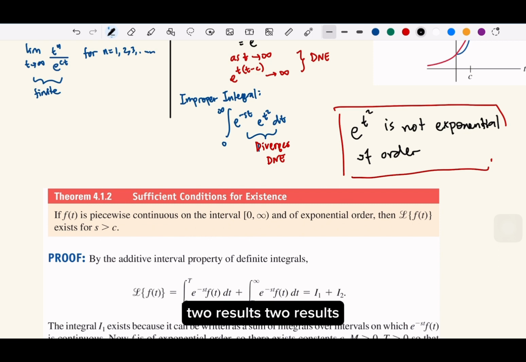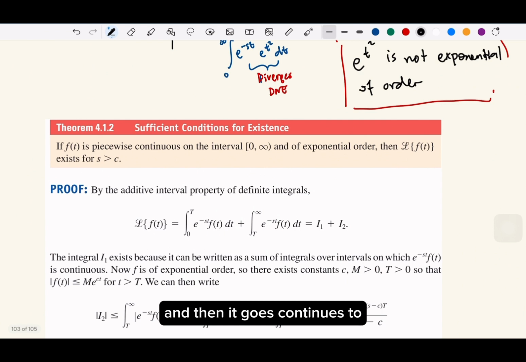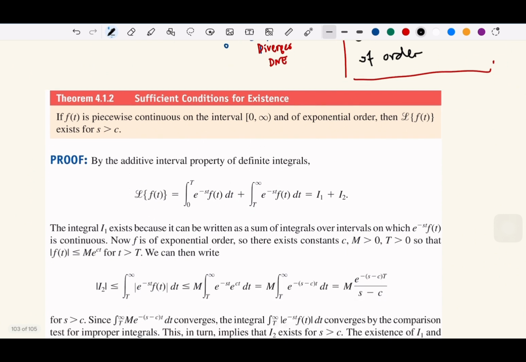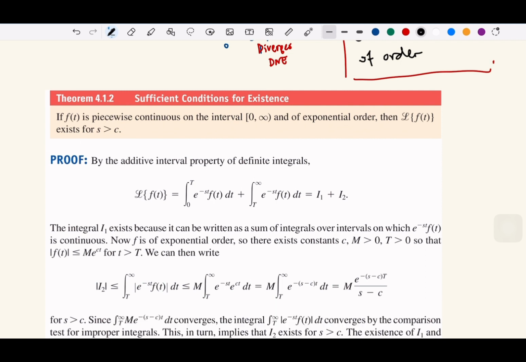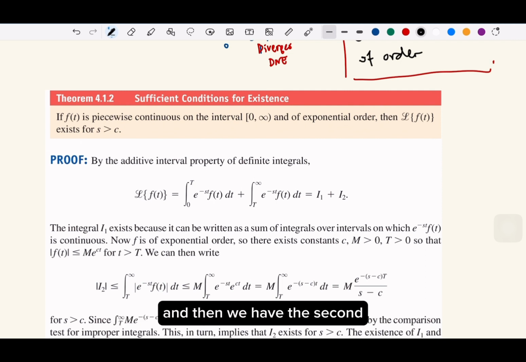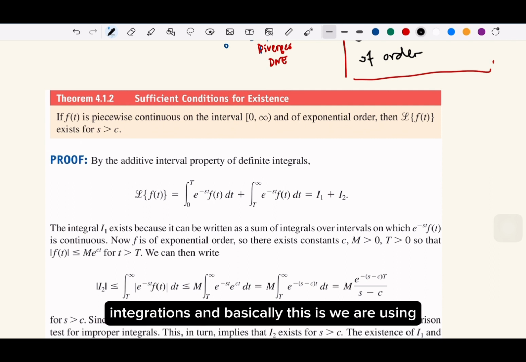We have two results. And then it continues to this. So this one exists as a sum of the integrations, and then we have the second integration.